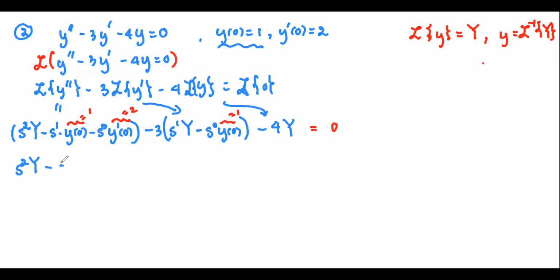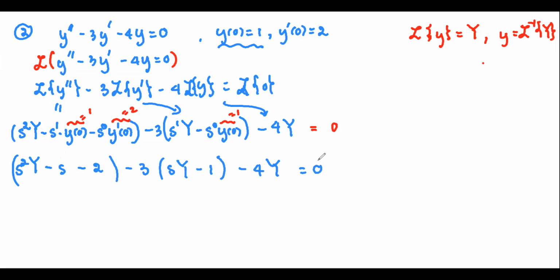Now minus s times 1, or just s. The second term just minus 2. And then minus 3 times s times Y minus s to the power 0 times 1, or just 1, and minus 4Y equals 0.